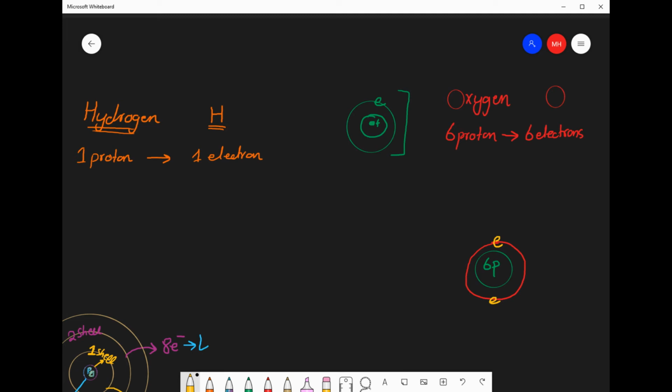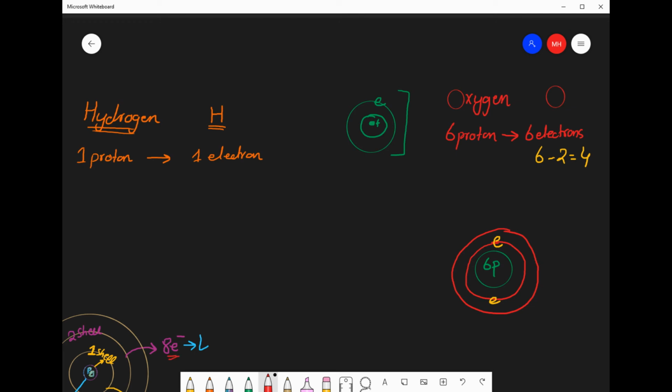We have to draw all 6 electrons. 2 are gone, 6 minus 2, how many are left? 4 are left. Can you enter these 4 in the first shell? No, because this guy is very strict. He can only handle 2 electrons. So you will make another shell. We know the second shell can handle 8 electrons.